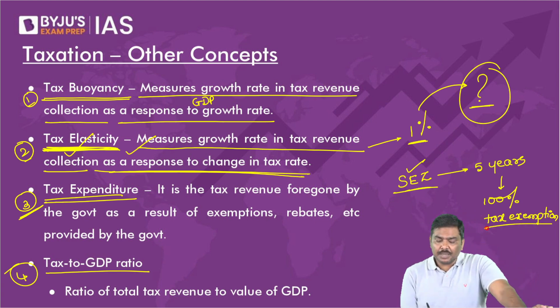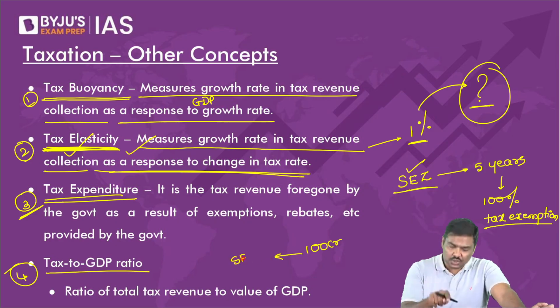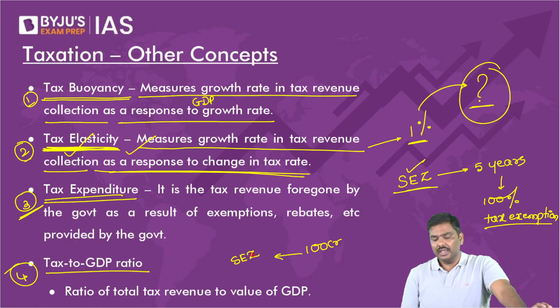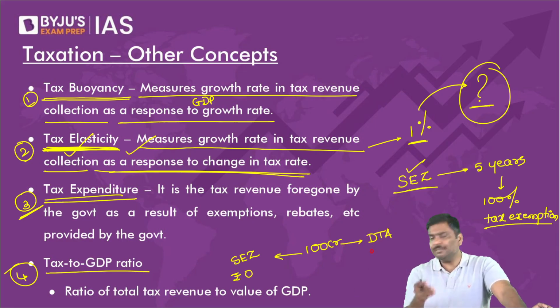A company earns a profit of 100 crore rupees. If it is within the SEZ, under the special economic zone, it will pay 0 rupees tax. If it is outside the SEZ, in the domestic tariff area, it will pay 30 crore rupees tax, assuming 30% is the corporate tax rate.